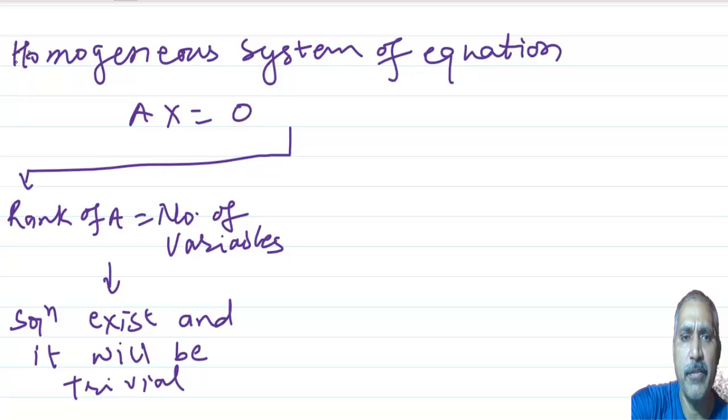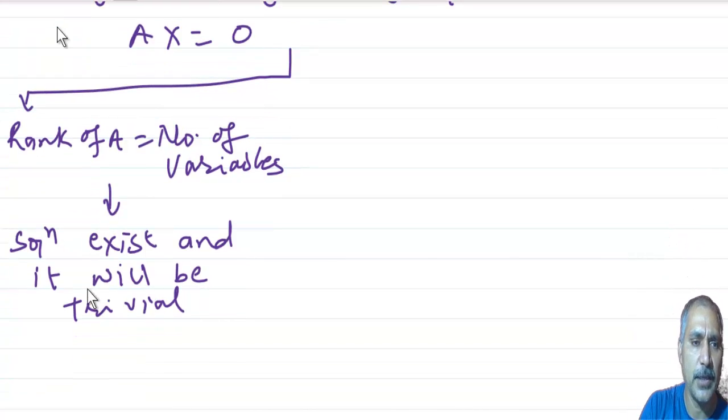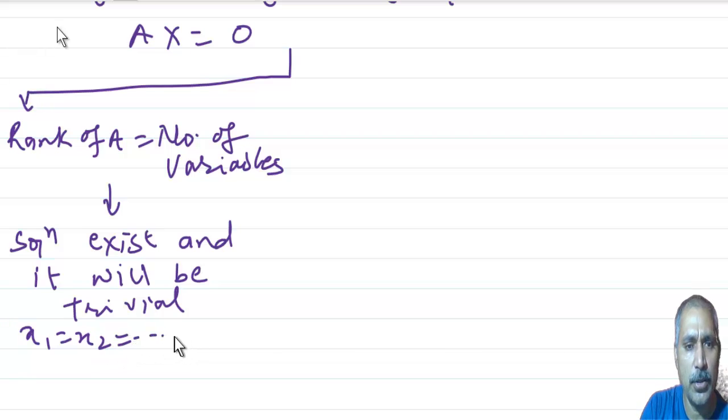What do we mean by trivial? That is x1 = x2 = ... = xn = 0. All the variables are going to have value 0.